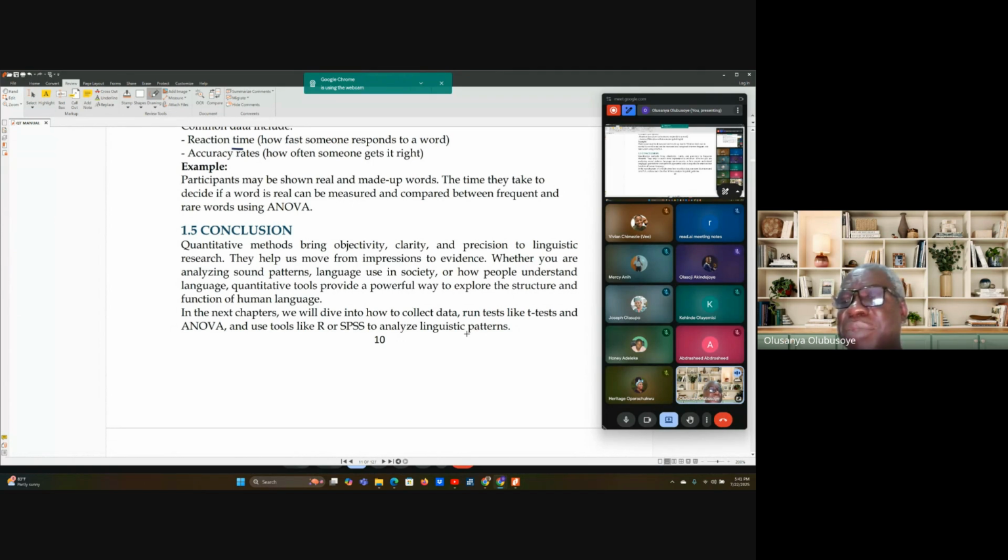We are also now being more precise, being exact, rather than just being descriptive or narrative. So we are able to move from impressions to evidence, from opinion to reality, to concrete facts. And that's what quantitative technique helps to achieve.